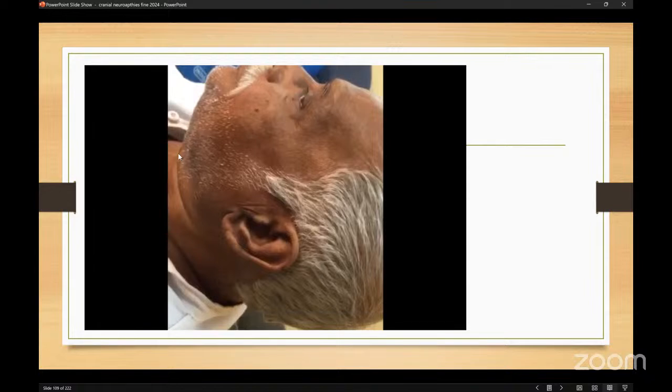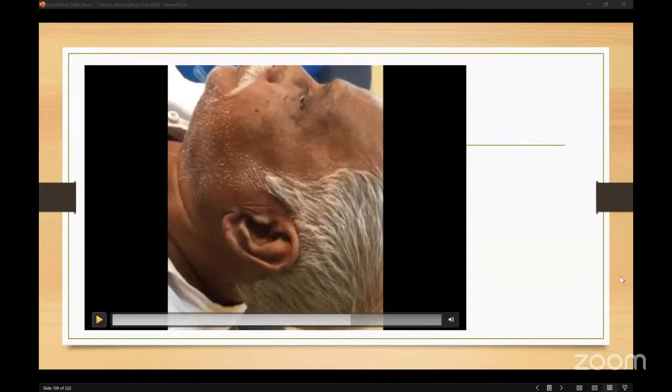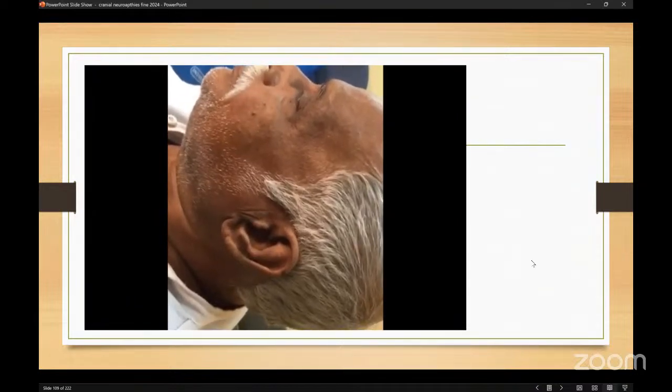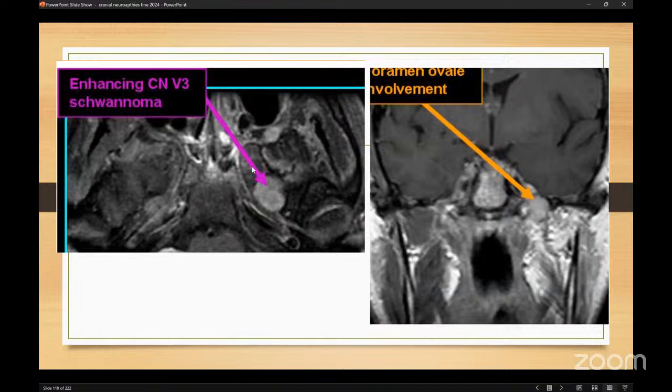At the foramen ovale there was a schwannoma. This patient had a schwannoma sitting in the foramen ovale, causing a V3 neuropathy. So when motor involvement comes, you have to think of the V3 division.